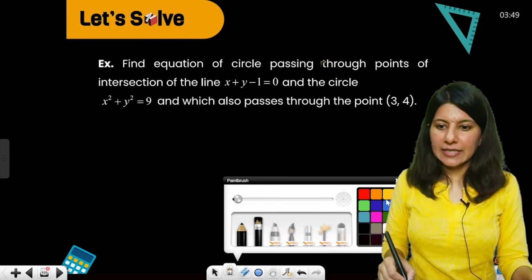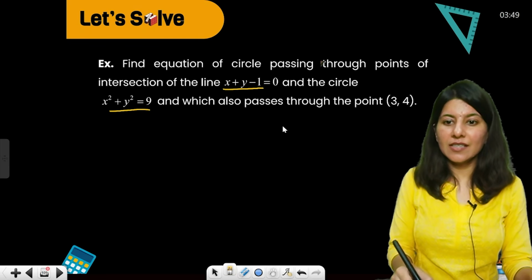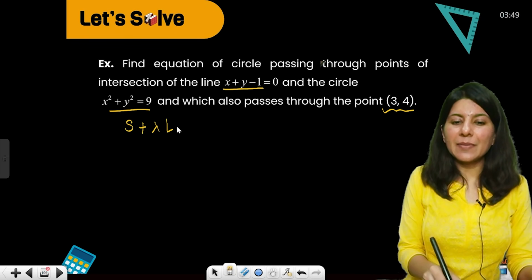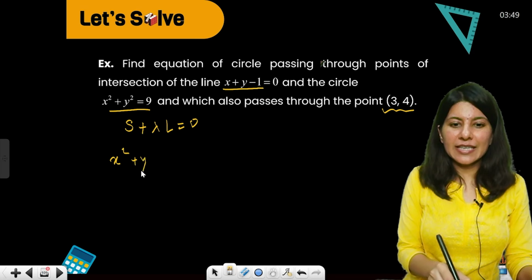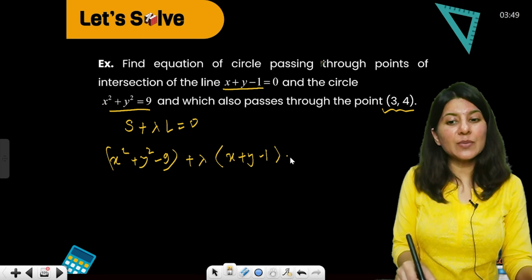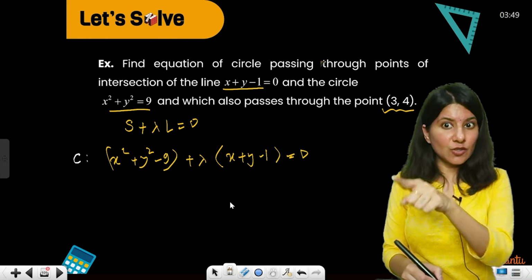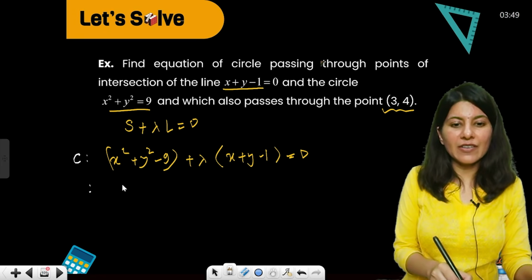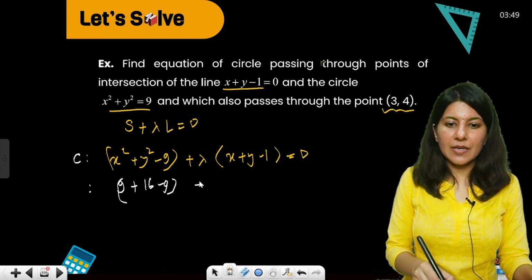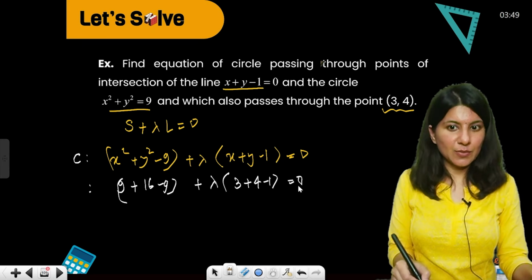So the equation of the circle passing through the point of intersection of the line and circle, and it also passes through 3, 4, will be given by S plus lambda L equals 0. The circle equation is x square plus y square minus 9 plus lambda times x plus y minus 1 equals 0. This circle passes through 3, 4, so 3, 4 will definitely satisfy it. 3 square is 9 plus 4 square is 16, minus 9, plus lambda times 3 plus 4 minus 1 equals 0.